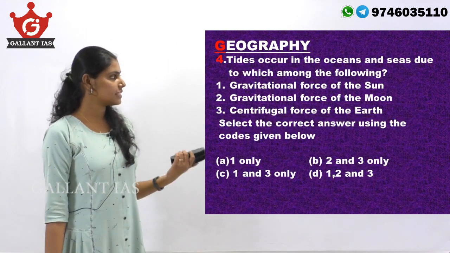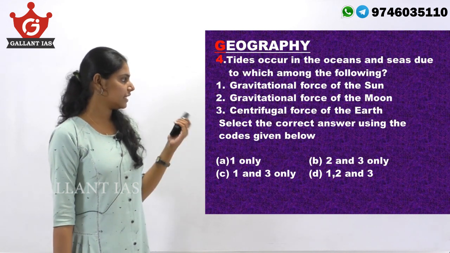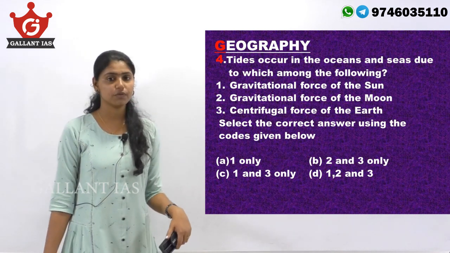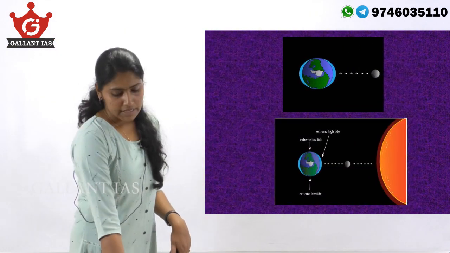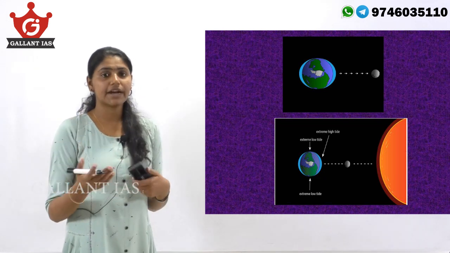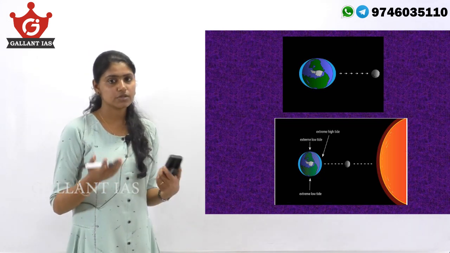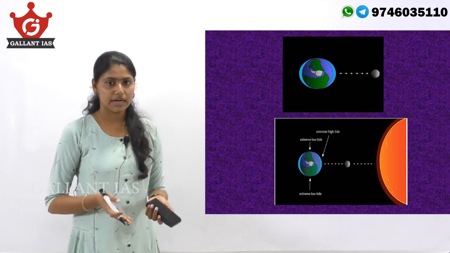Tides occur in the oceans and seas due to which among the following? Gravitational force of the sun, gravitational force of the moon, and centrifugal force of the earth. So tides are the periodical rise and fall of oceans or seas, and they may occur once or twice a day.